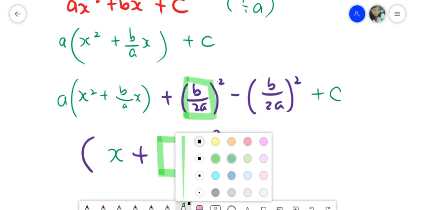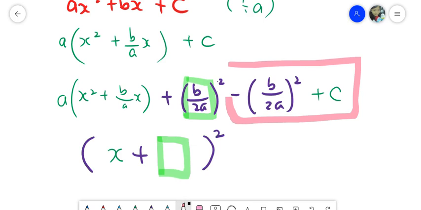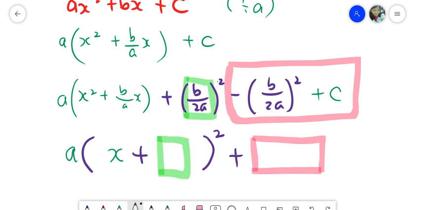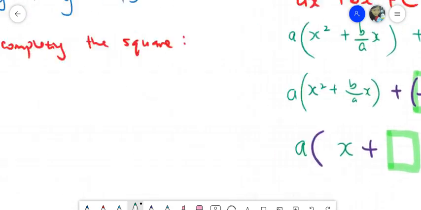And the rest will be the simplification of the whole constant that you have made in red. Oops, sorry, I forgot the a. Okay, so basically this will be your completing the square. Is that okay? Now let us go back to our question here.